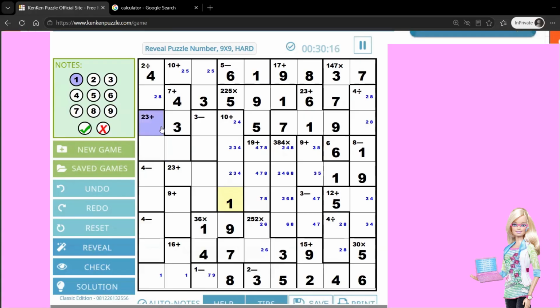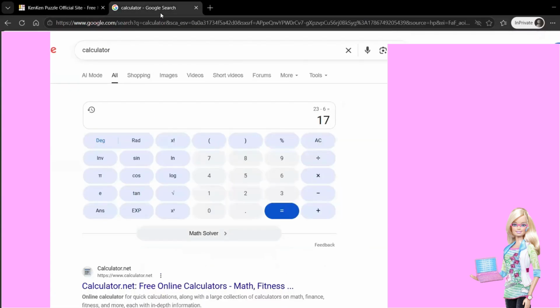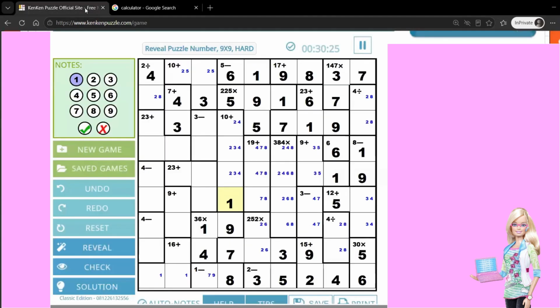Well, based on what's left, that has to be either a six or eight. Eight, seven, because it can't be nine, six.